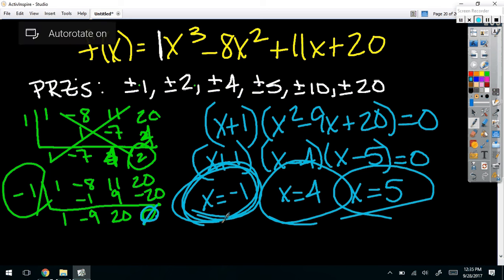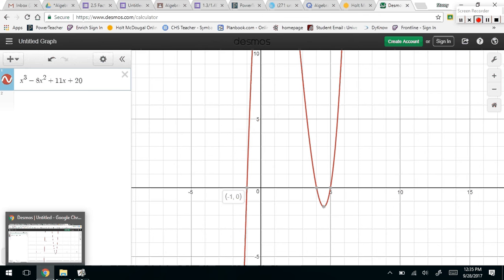No. But what if that zero was all the way up at 5 and you had tried 1, -1, 2, -2, 4, -4, and you got all the way to 5? If you knew 5 was a good starting point for dividing, it would cut out a lot of work for you. It's kind of a little cheat. So here, if I saw this equation, I would probably say one of these two is what I would divide by first and go from there. Does that make sense? Because what I'm finding are zeros.